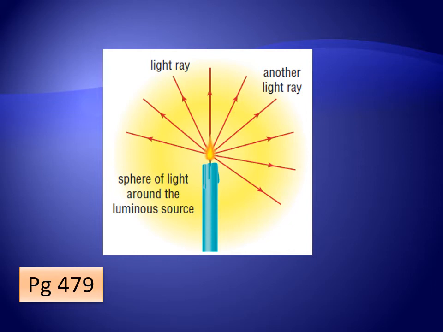So you don't have to draw a million beams of light, but you can draw enough to give the person looking at your image the understanding that there is more than one beam of light or light ray that is radiating from the actual luminous source. So again, you have a straight line with an arrowhead that shows direction. And you'll notice that every beam of light is traveling in the same direction.